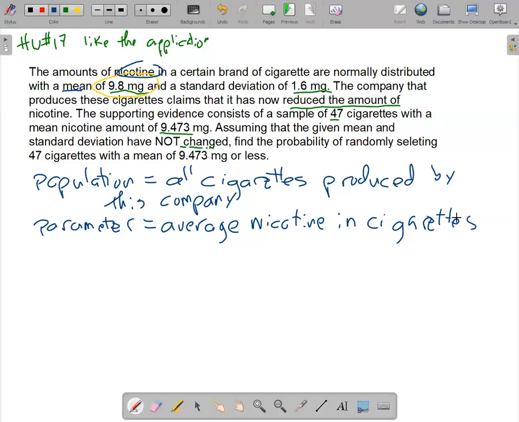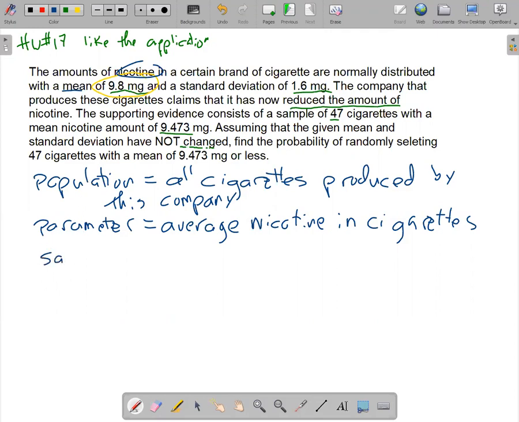And that's for all of the cigarettes they produce. If we collected every single cigarette they ever produced, measured the nicotine in each one, added those all up, and divided by how many, that's the population parameter. It's not possible to make that happen, so we have to estimate with a sample. So that's the population, that's the parameter.